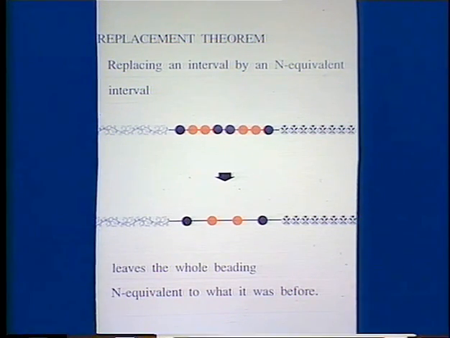This is a bit like in arithmetic, where, say, if you've got x equals 2, then x plus y equals 2 plus y. You replace the x by 2, the whole of the x plus y becomes equal to 2 plus y.